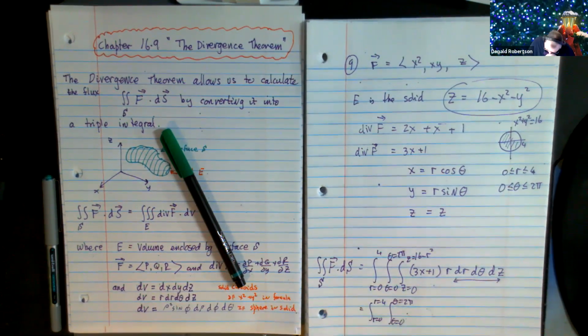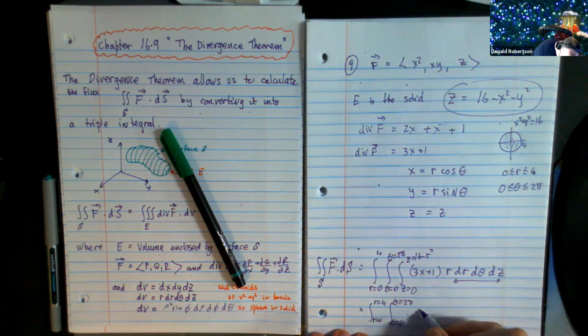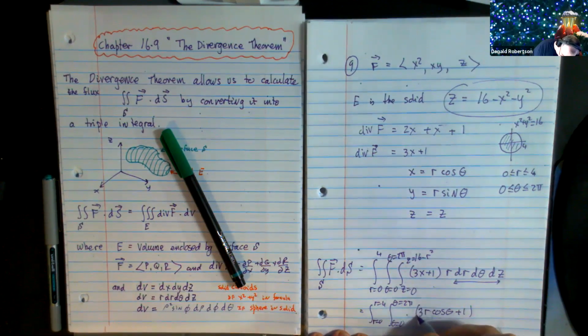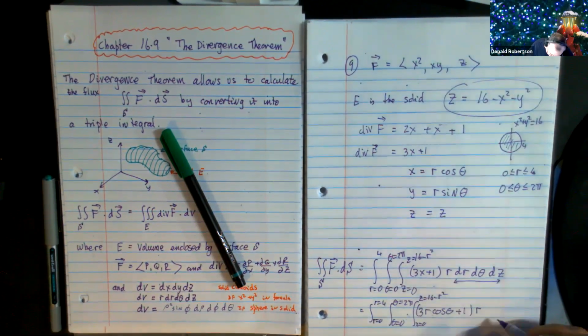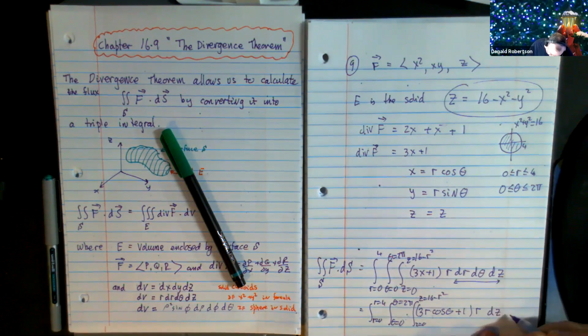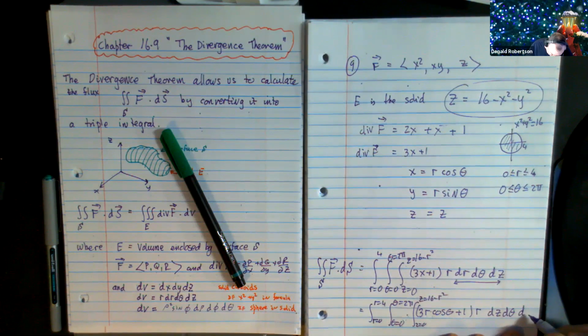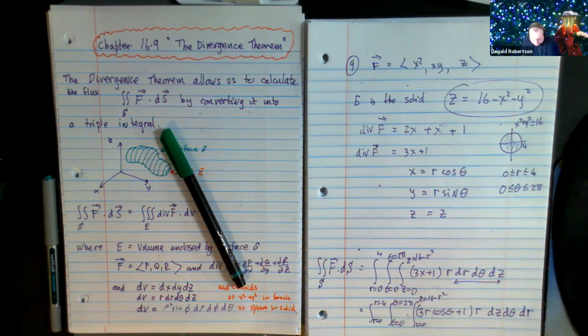It shouldn't really matter, I'm assuming. And this is going to be 3r cos theta plus 1 times r, and I forgot my z equals 0 to 16 take away r squared. So that means I'm going to do the dz first, the d theta second, and the dr last.